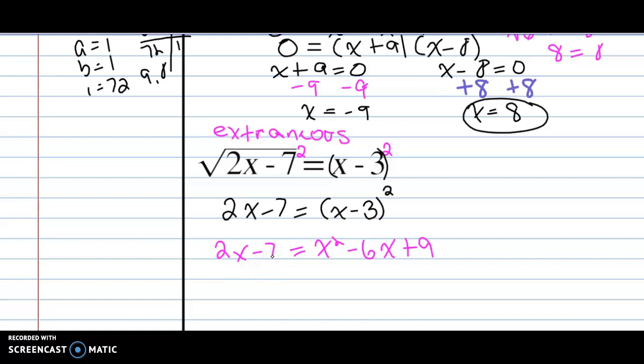Then we have to set it up into a standard form where it equals 0. So we're going to move the 2x by subtracting 2x from both sides. And the 7, we're going to add the 7 to both sides. Oops, not that. That should be 7.